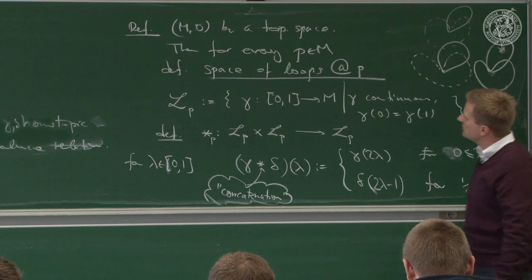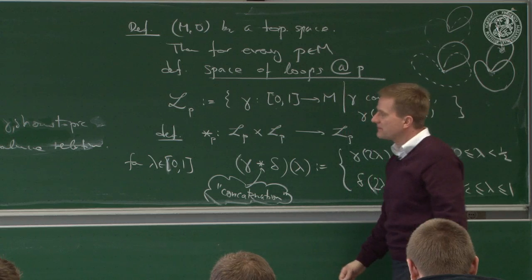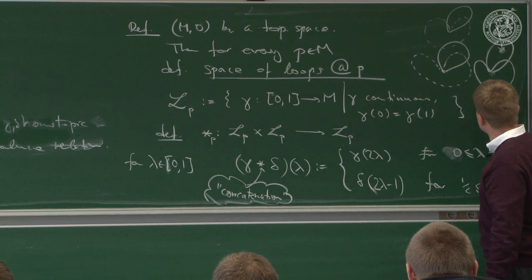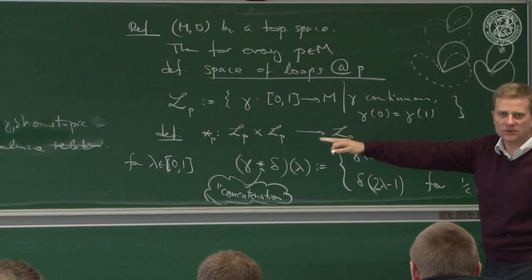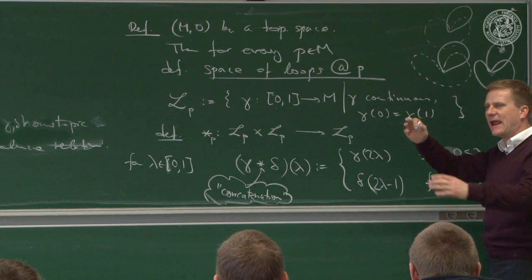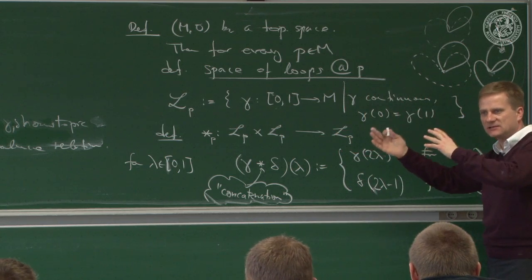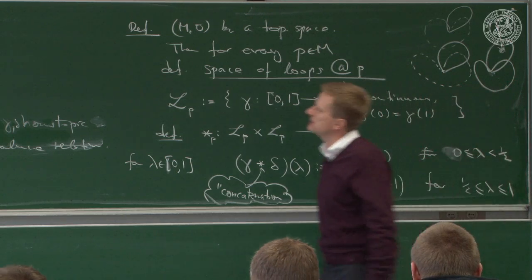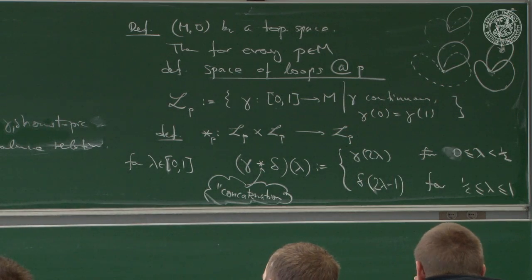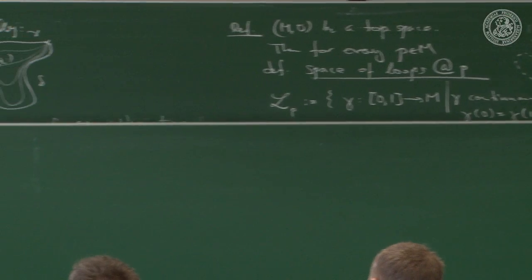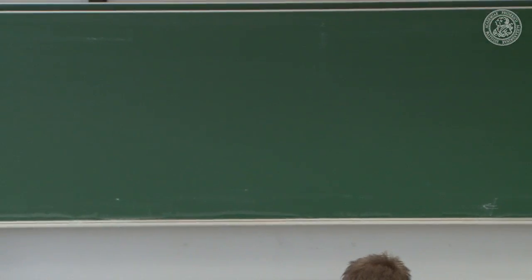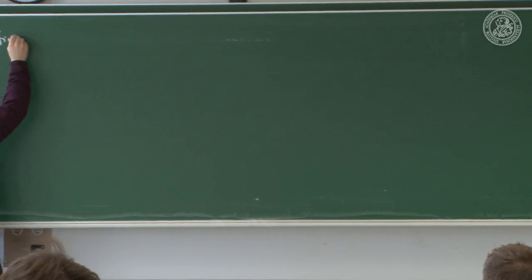And what we would like to look at is not the space of loops, but the space of loops modulo homotopy. We don't care where exactly the loop lies, as long as the situations are continuously connected. So, definition.